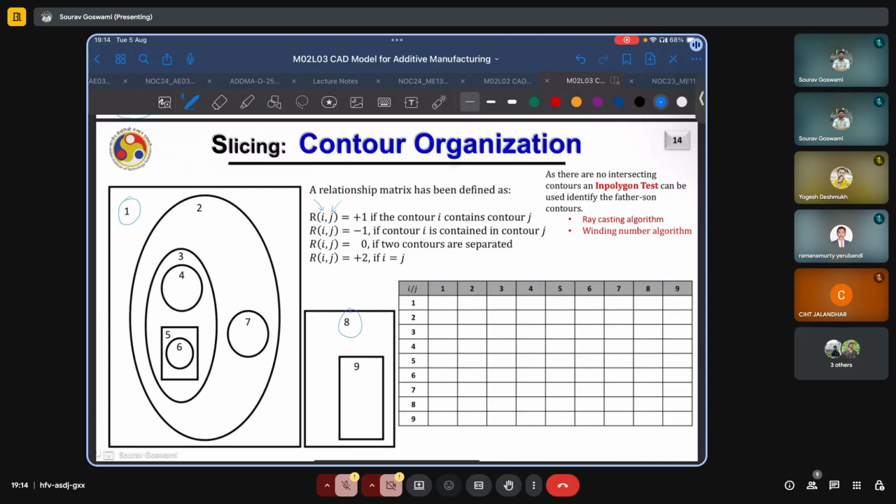And if I and J are the same, we'll assign it a value of +2. In this matrix given here, I is going down the first column, whereas J is the first row here. The first is I equal to 1 and J equal to 1, which will be +2. In fact, all of the diagonal elements will be +2 because here we have I and J equal. So let us just fill that first.